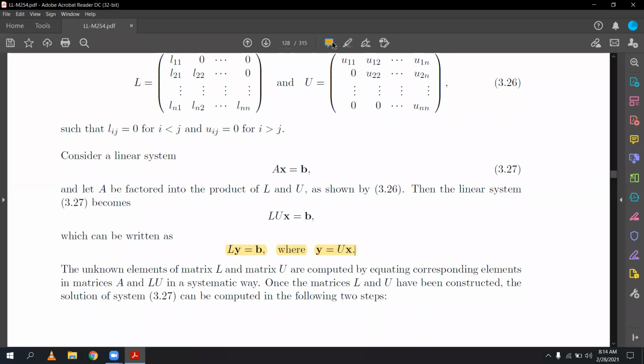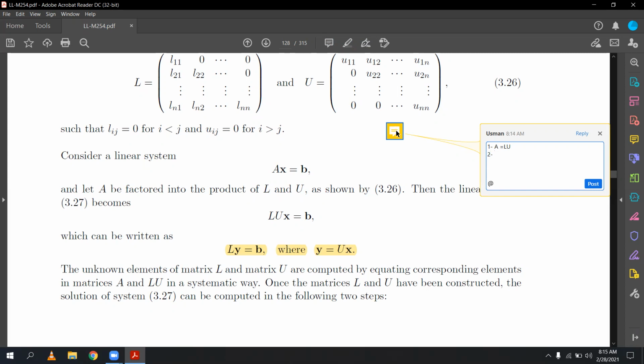For example, let me give it in a very simple way. What is the first step? In LU decomposition, we convert A into L and U. What is the second step?